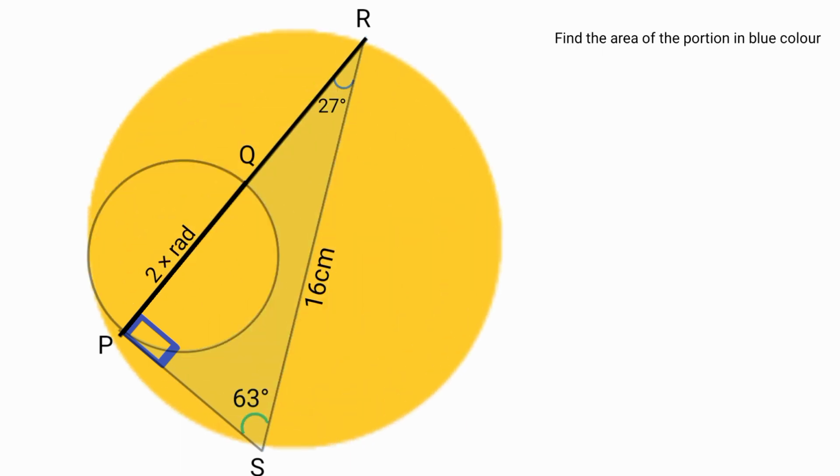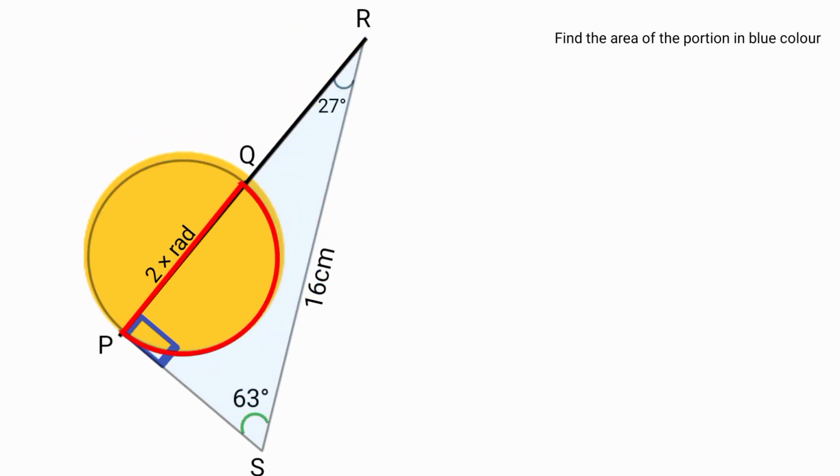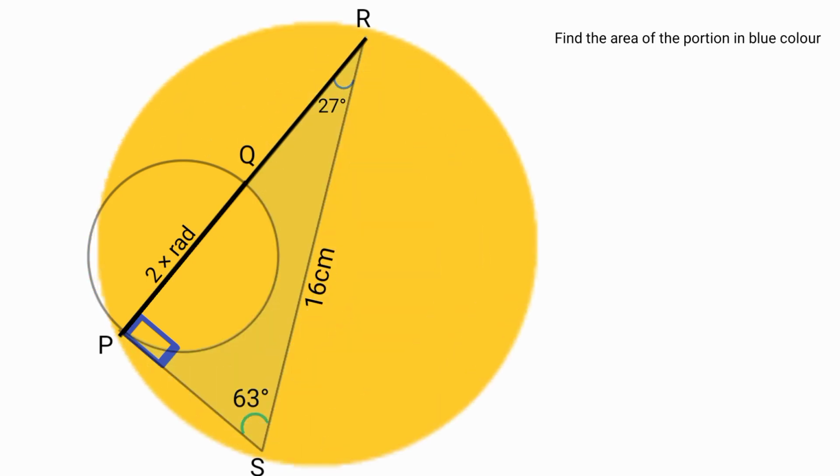So how can you find the area of the colored portion? From this triangle PRS, if we take out the area of this portion of the circle from the area of triangle PRS, we are going to be left with only the area of this portion in blue, which is the portion in question.